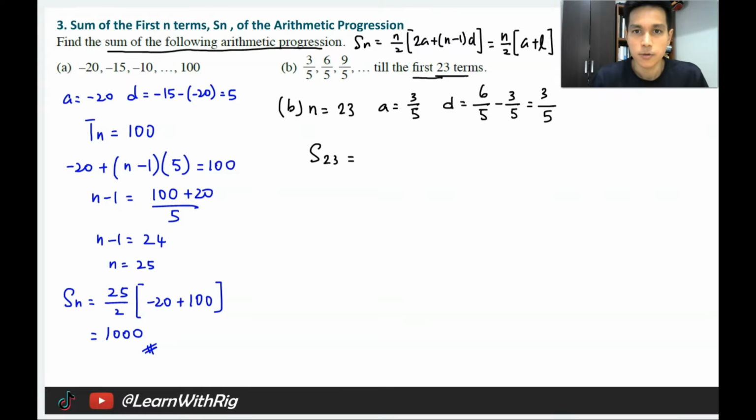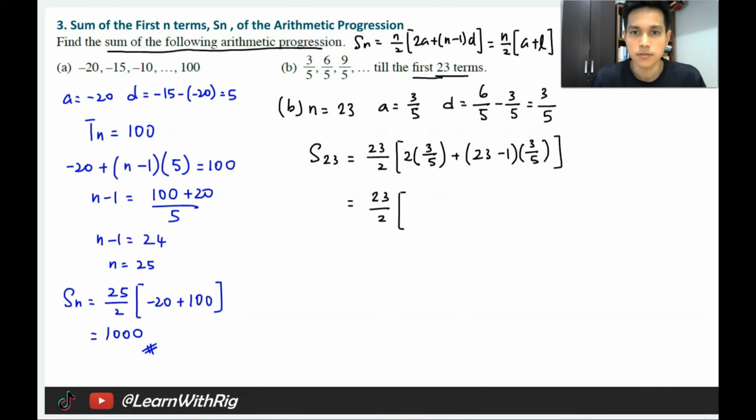I'm going to use the first formula here since we don't have the final term, correct? So n is 23 over 2, times (2 times a, which is 3 over 5, plus (n, which is 23, minus 1) times d, which is 3 over 5). Just calculate.